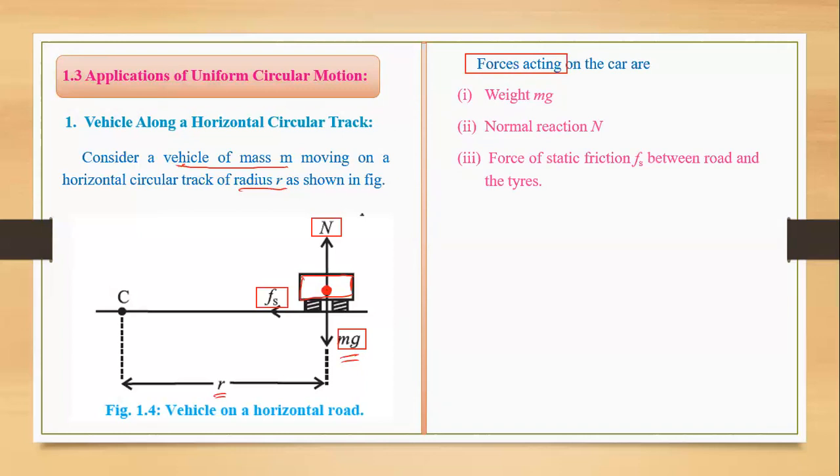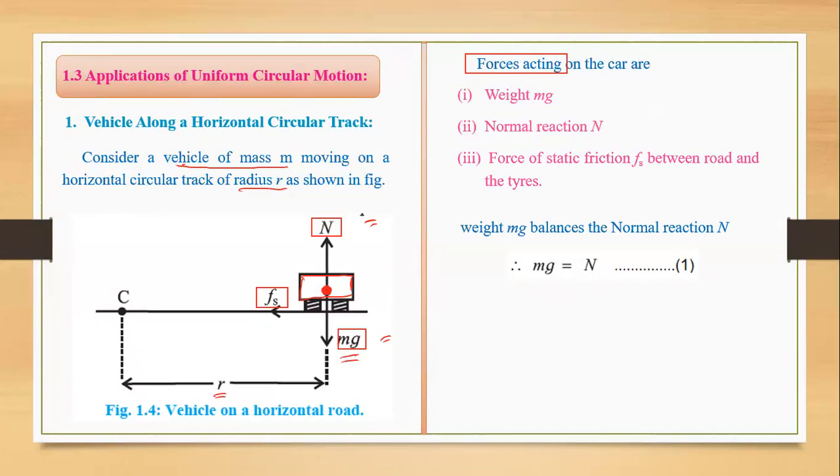These are the forces acting on the vehicle. Now, in the diagram, this weight mg balances the normal reaction. The weight is in the downward direction and the normal reaction is in the upward direction, so they balance each other. So we can write the equation: mg = N.